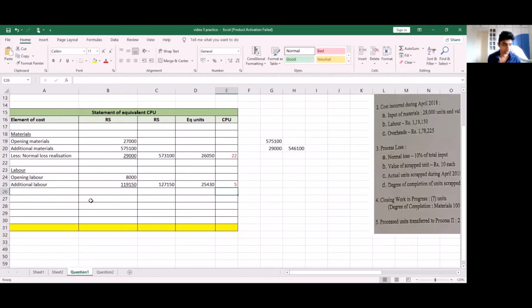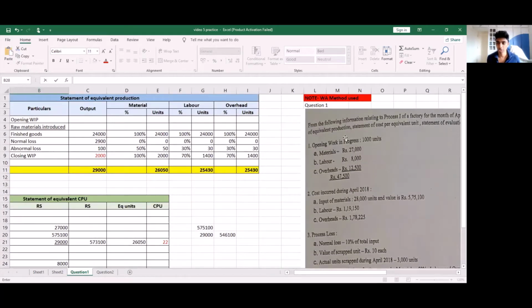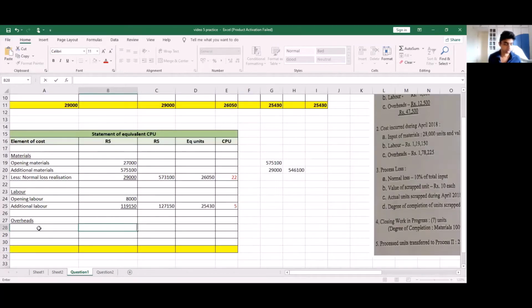Finally, we have our overheads. Again, for overheads, we have our opening work in progress cost, which is 12,500. So we will write opening overheads 12,500. Then we have additional overheads, which costs us 1,78,225.